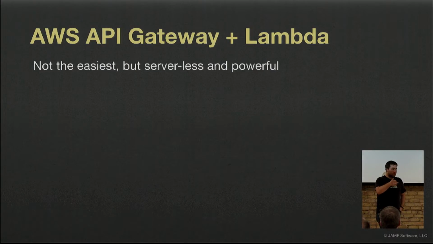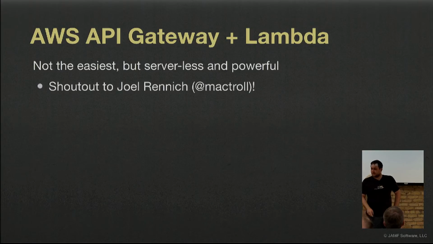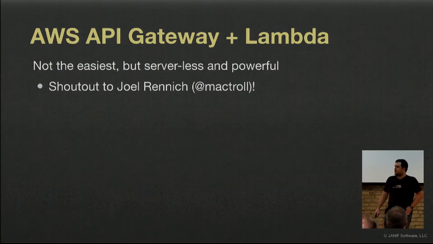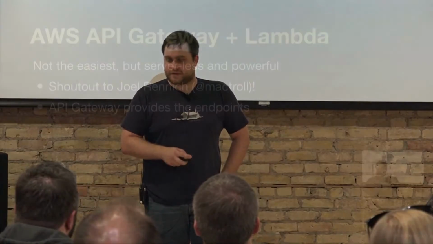And it's really powerful when you start digging into all the different Amazon services so you can tie into your workflows and this integration that you're building. I want to give a shout out to Joel Rennick. Is he in here? He's not in here. I wasn't sure if he was coming to the conference. But he's a Mac troll on Slack, and he's the one who pointed me at this after we launched Webhooks. It's just really damn cool stuff.